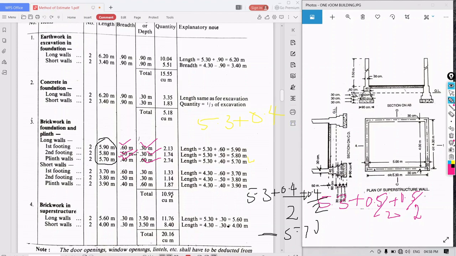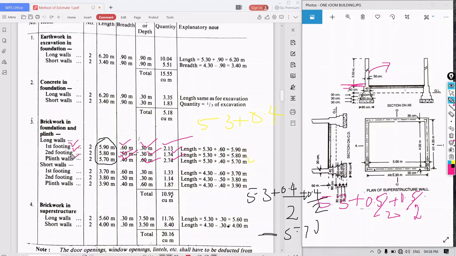So up to here, 60 centimeter, because after that only we can construct the brickwork. So 0.60 meters. Multiply all three and you will get the quantities at respective levels. These are called the levels: first footing level, second footing level, plinth wall level. Like that I was telling in the last class.